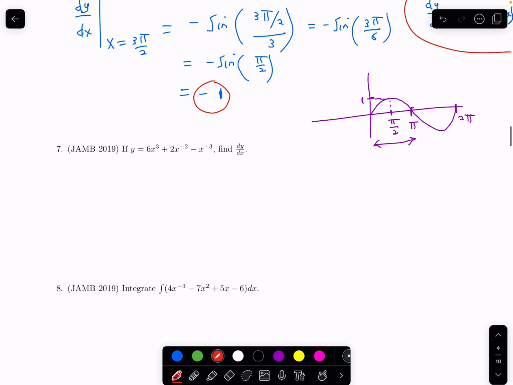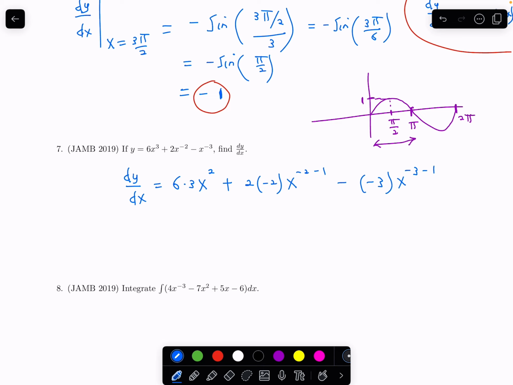Okay, now let's quickly go to the next problem. I want to find the derivative of this expression here. Basically, you just apply the power rule for finding the derivative, which is you bring down the power and you subtract 1 from it. So this one is going to be direct. dy/dx is going to be 6 times 3x to the power of 3 minus 1, which is 2, plus 2, negative 2x to the power of negative 2 minus 1, minus negative 3x to the power of negative 3 minus 1.